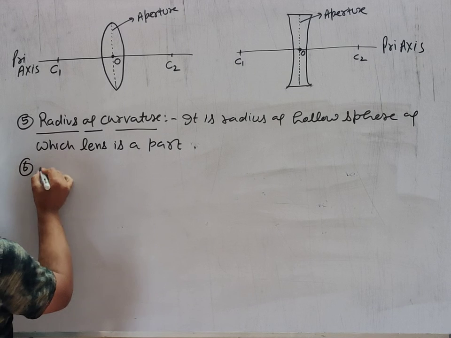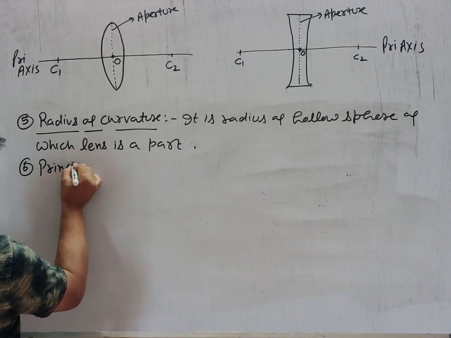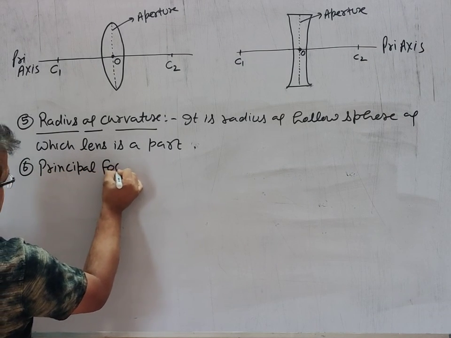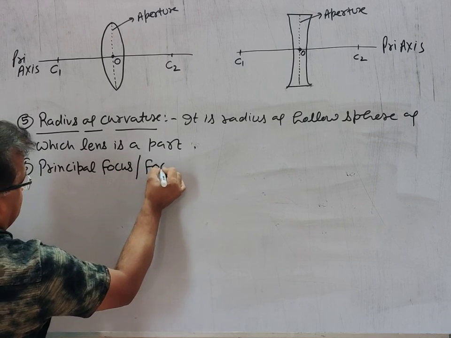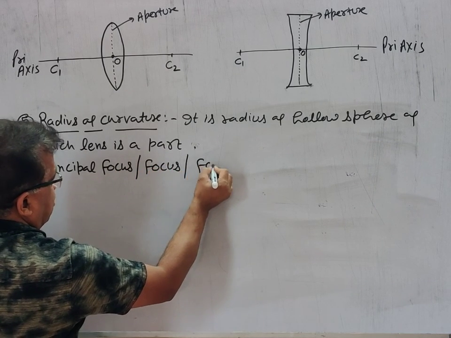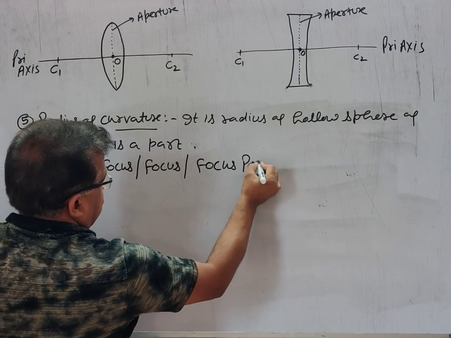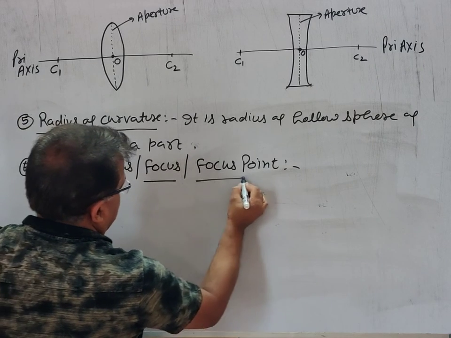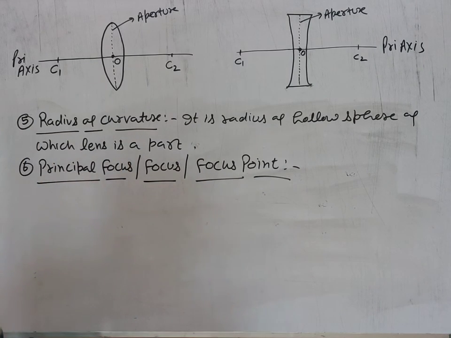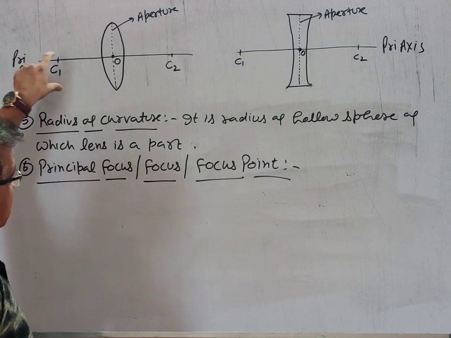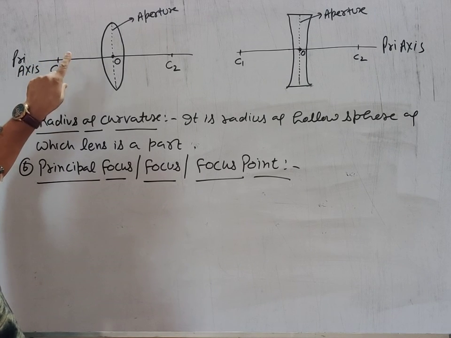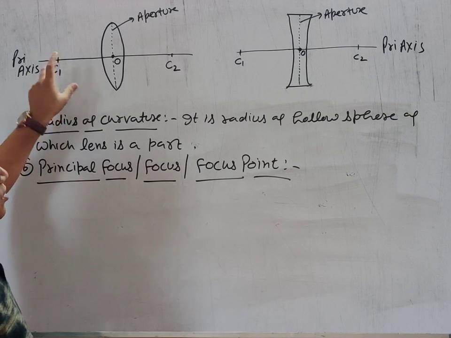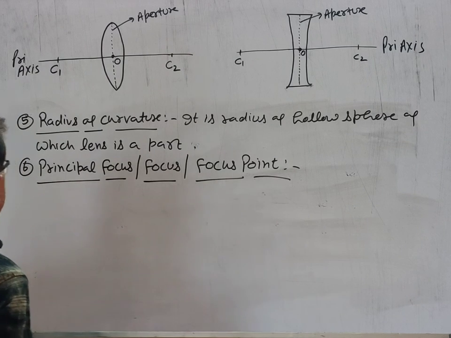Next, principal focus or only focus or focus point. They have the same meaning. It is the point where incident rays parallel to the principal axis meet, that is converge, or appear to meet, that is diverge.